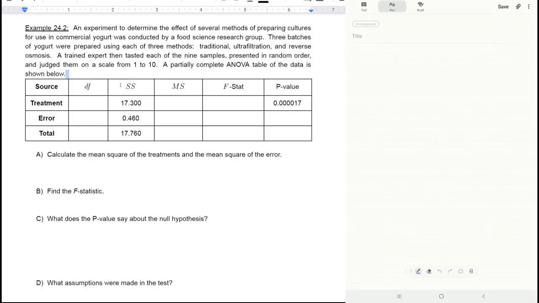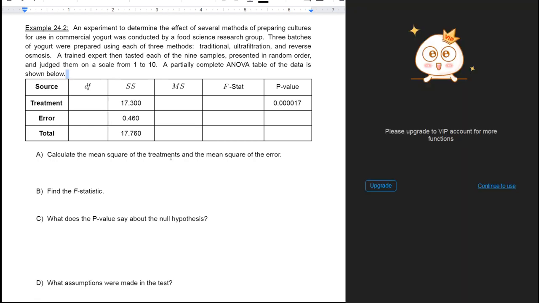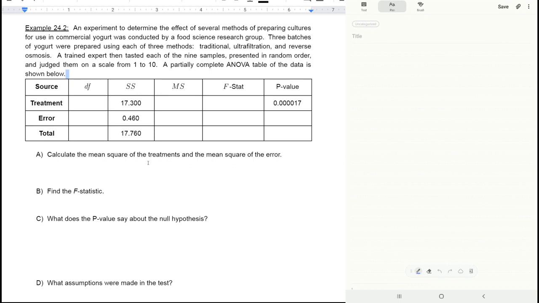And so here we have the sum of squares and the p-value of the ANOVA table. So let's first calculate the mean square of the treatments and the mean square of the error. To find the mean squares, we need to determine the degrees of freedom for both the treatment and the error.